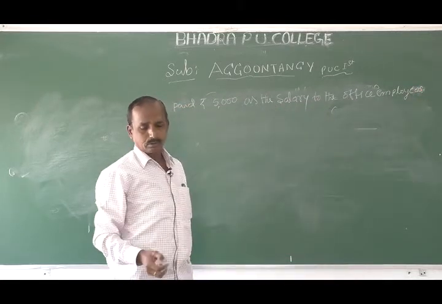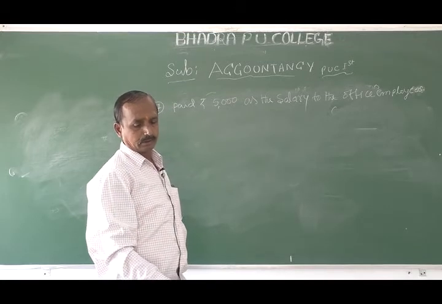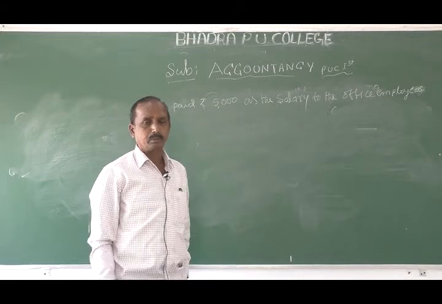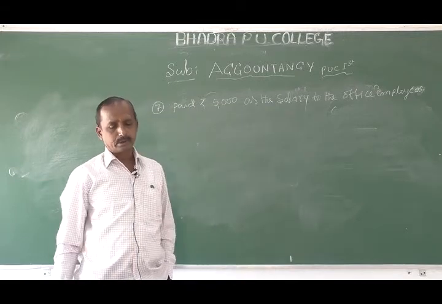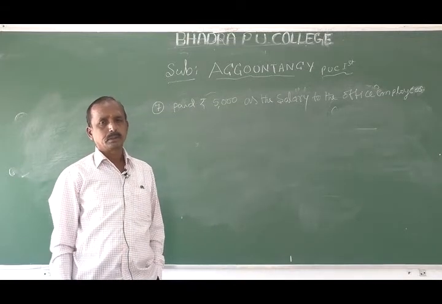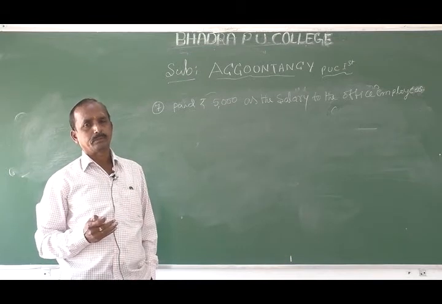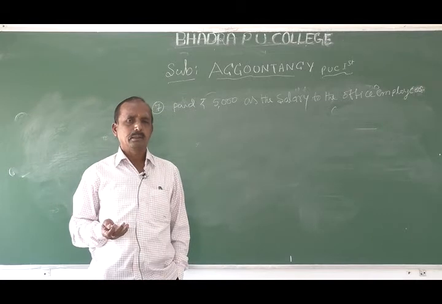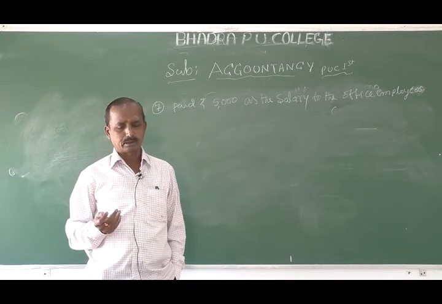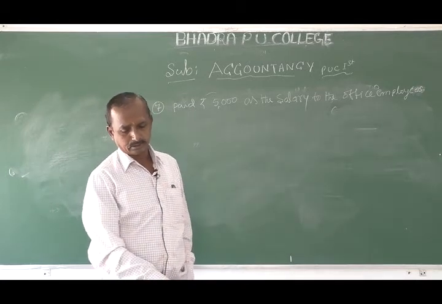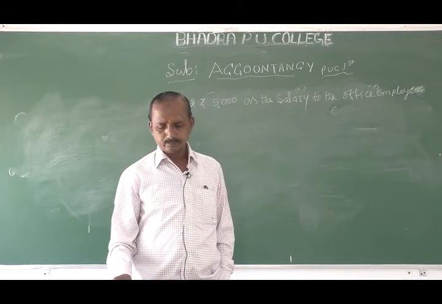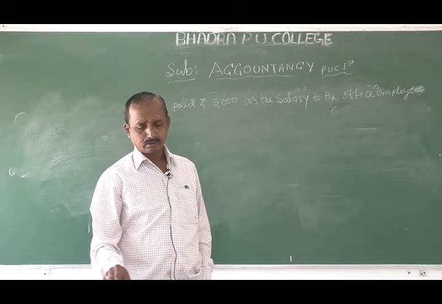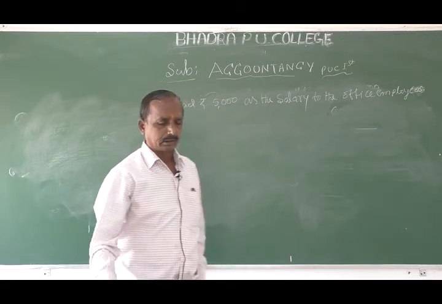There are two accounts. One is salary account, another one is cash account. The payment of salary is an expense which decreases capital. When we pay the salary, the capital decreases. It is recorded in the debit. Credit, the cash records the decrease in assets.